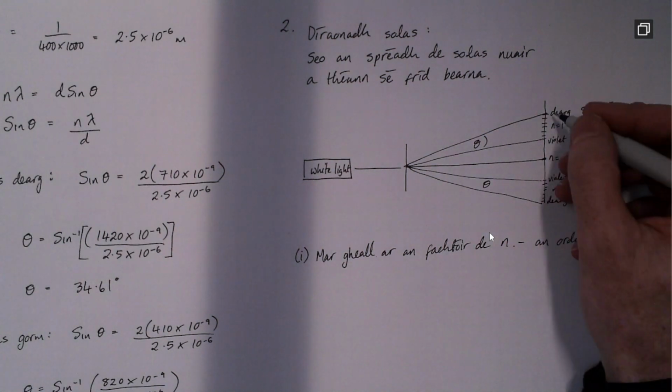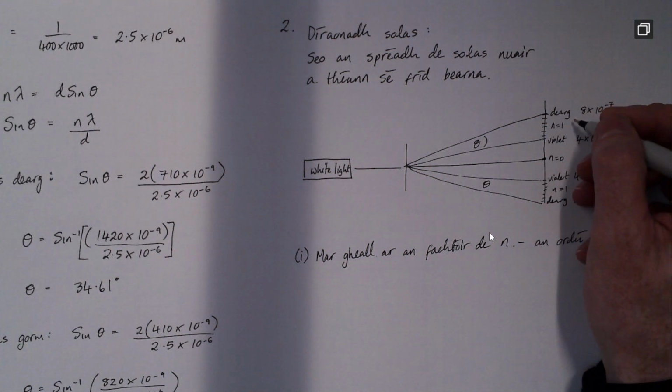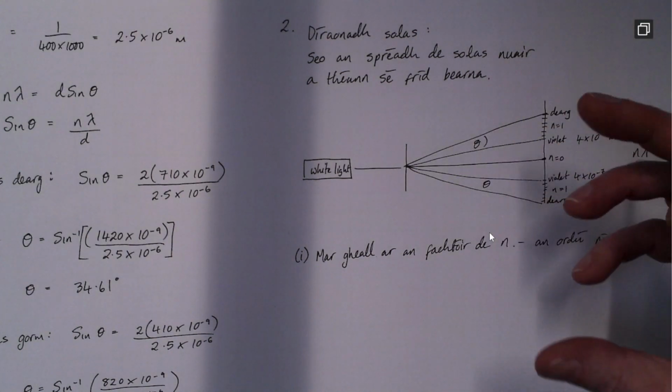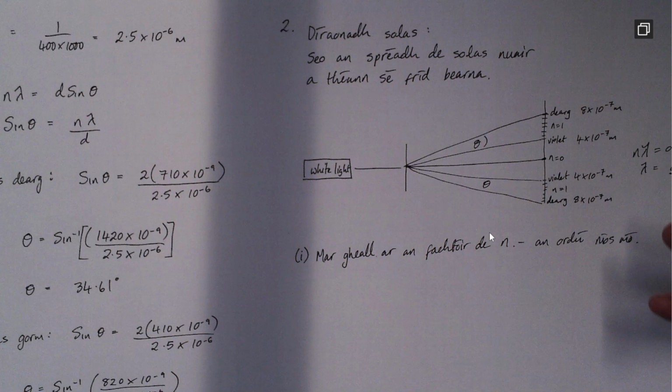The wavelength of red will never change. But because there's a spread, that's because the order is getting bigger. Does that make sense? So because of the bigger n factor, for red and violet, it's n lambda for the first order, and n lambda for, for example, the third order, it should be bigger.